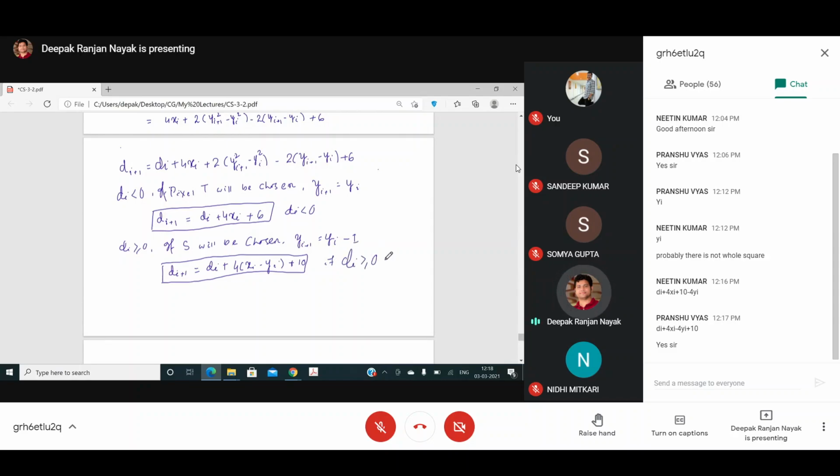So in case of di greater than equal to 0, you have to choose pixel s. So that means you have to choose the pixel position as xi plus 1, yi minus 1. In the other case, the pixel value will be xi plus 1 and yi.